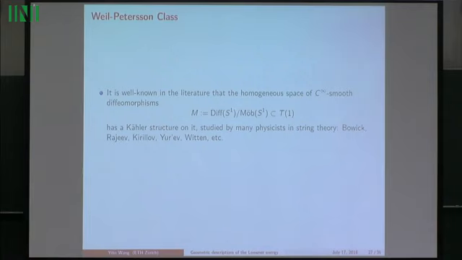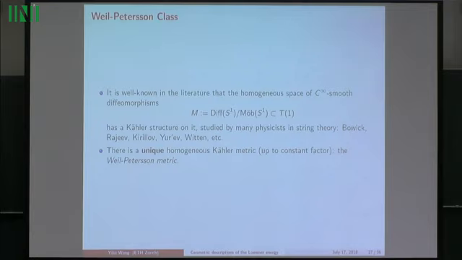Actually, there's a unique homogeneous Kähler metric on it, up to a constant factor, of course. By homogeneous, I mean that you have a natural group operation on this manifold by multiplying by another diffeomorphism, and you transport the picture locally to the other point, and all the structures look the same at different points.